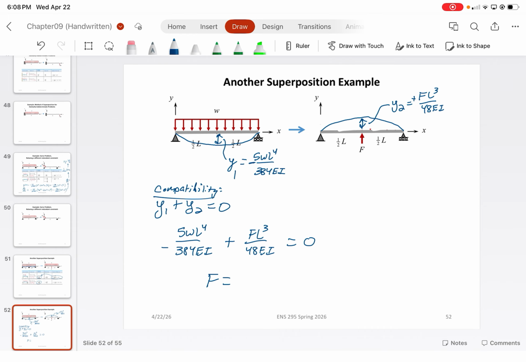So we get F over 48. F is equal to 48 times 5 over 384 WL. So that gives us 5 times 48 divided by 384, which is 5 over 8 WL. And that is the vertical reaction force of that middle support.